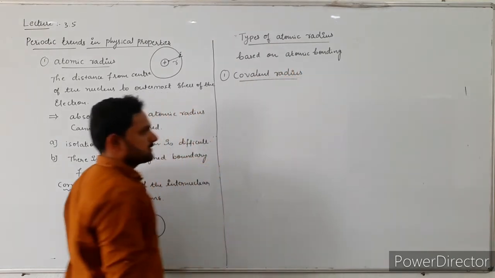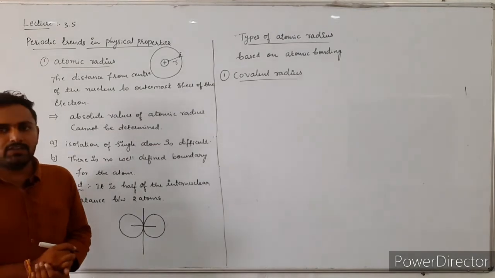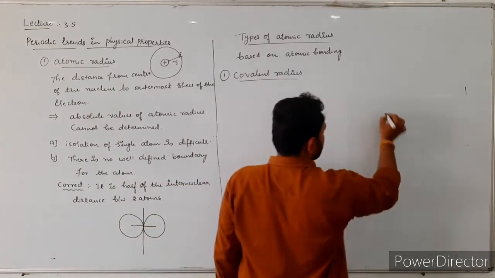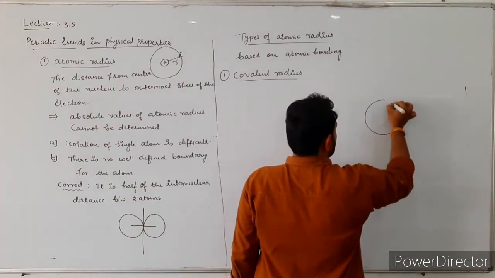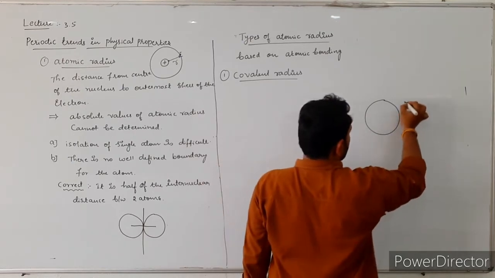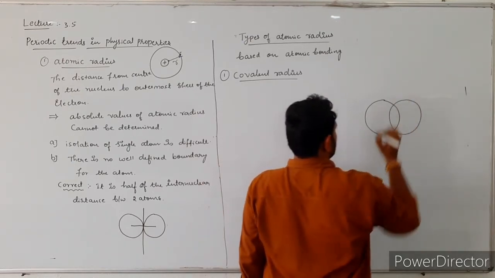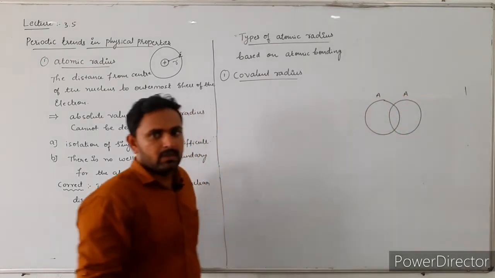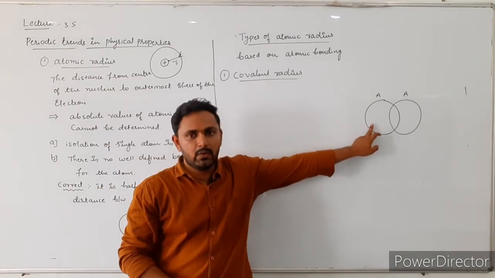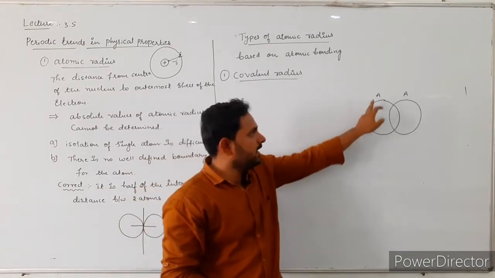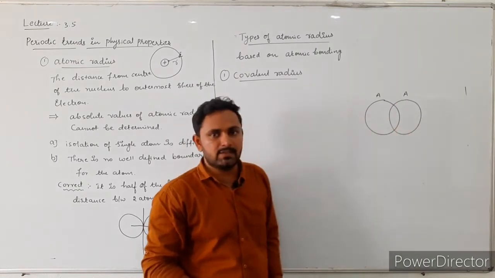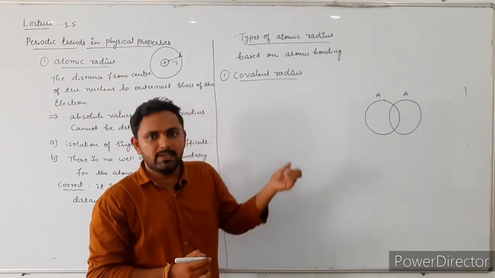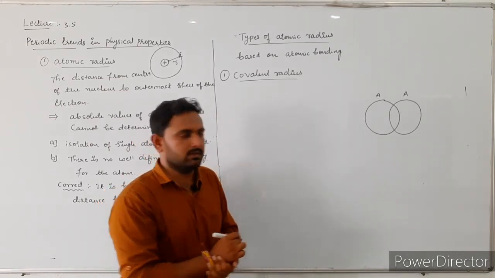What is covalent radius? It is half of the internuclear distance between two identical covalently bonded atoms. This is atom A and this is atom A. Here two atoms are covalently bonded, which means two atoms are overlapped together.